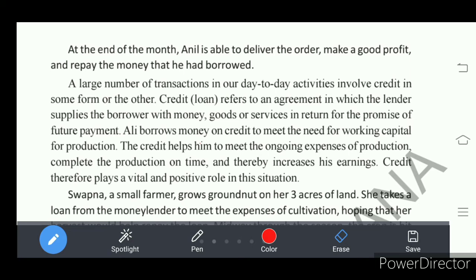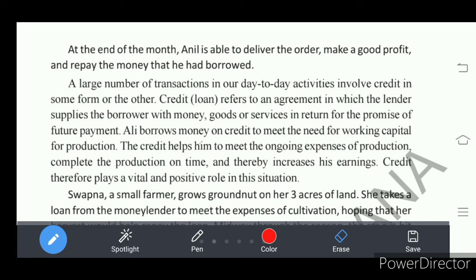So this is working capital, understand? So here Anil needs some money to meet his work, understand? So Anil borrowed money on credit for meeting his expenses, understand? So the credit helps him to meet the ongoing expenses of production.